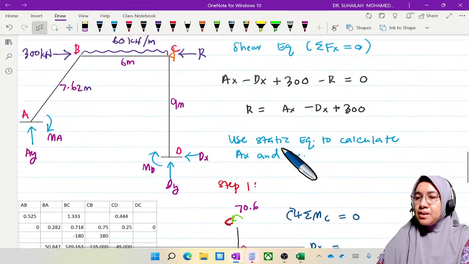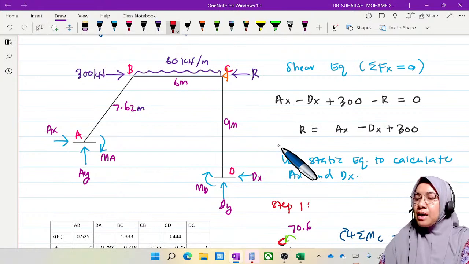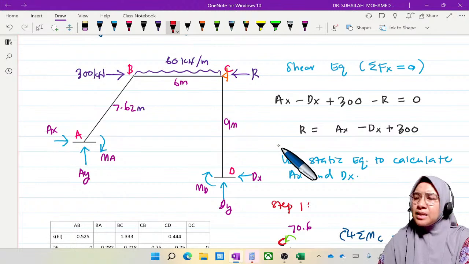Can we get AX after we get DX by using the shear equation? Cannot. Looks like we cannot get that.